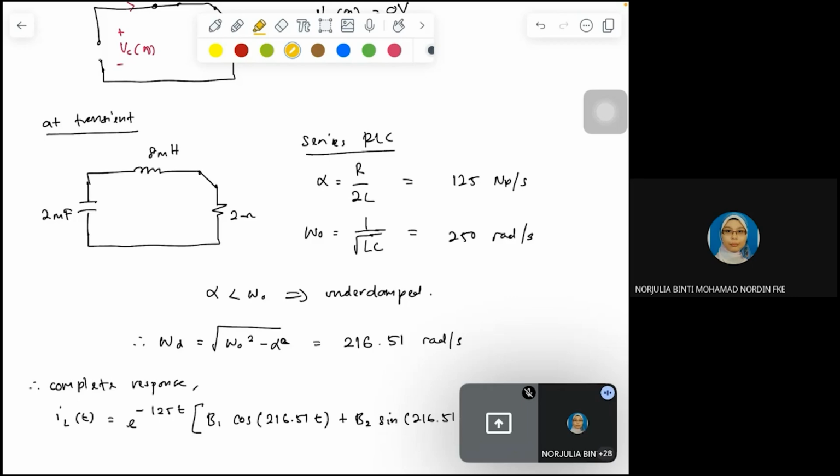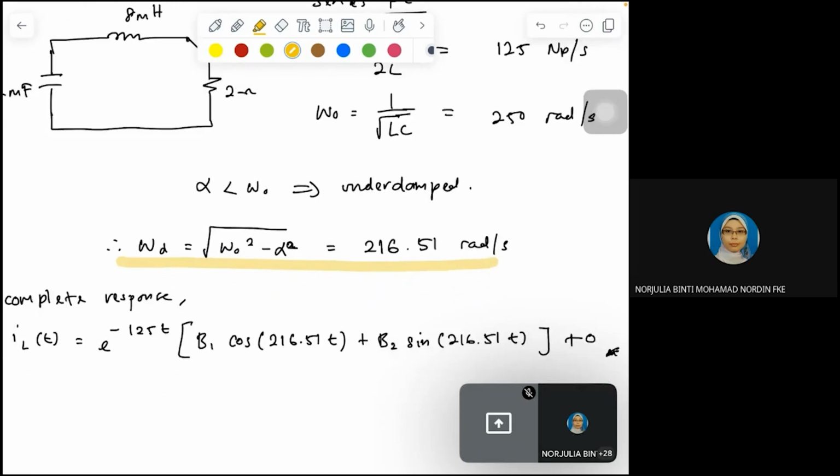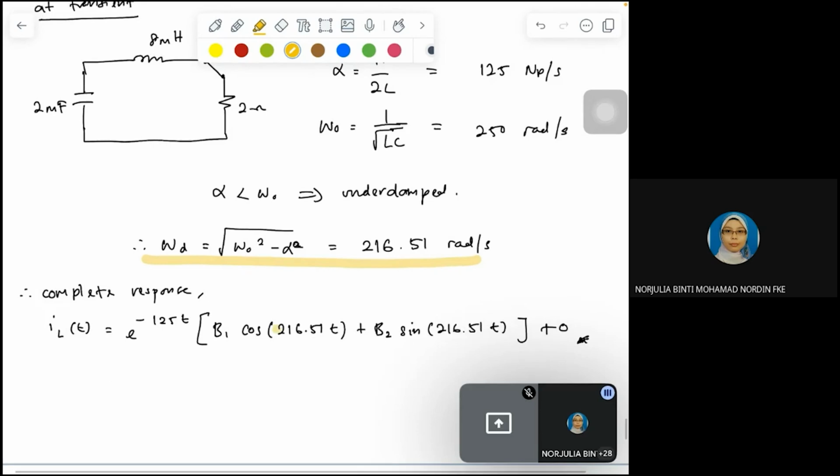But you need another parameter that we call omega d. These are the values that you need for underdamped, and this omega d you need to insert into your complete response or transient response equation.